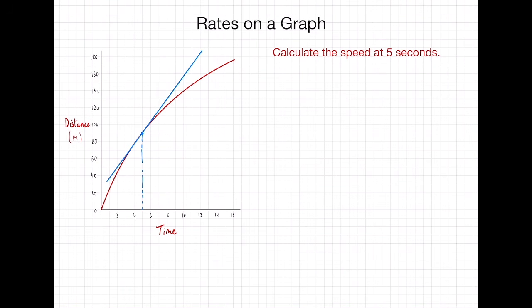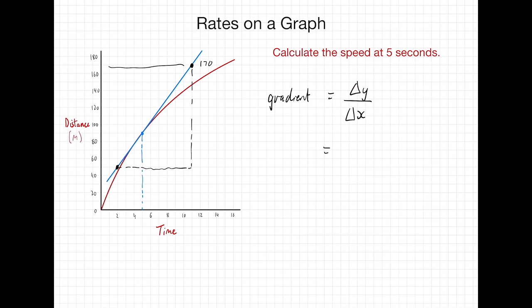So the way to do it with these ones is find 2 nice coordinates. So I'm going to pick there and here. As you can see, they pass through nice places, nice even numbers. And to get the gradient, we want to do the change in the y over the change in the x. You can see the change in the y is going to be the 170 up here.